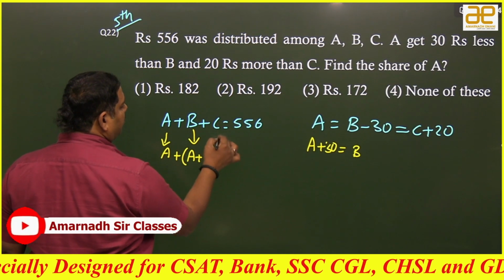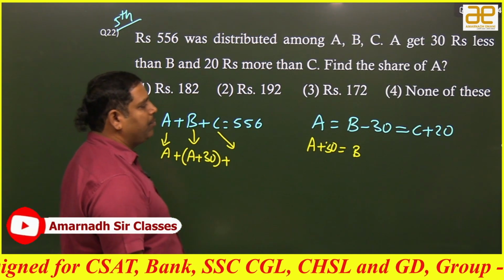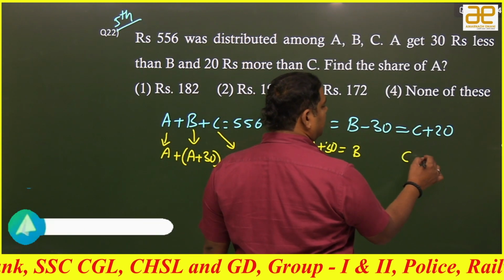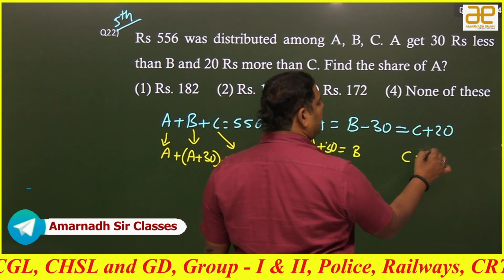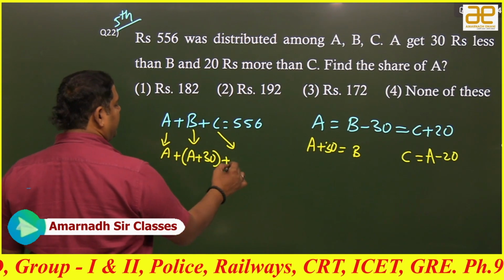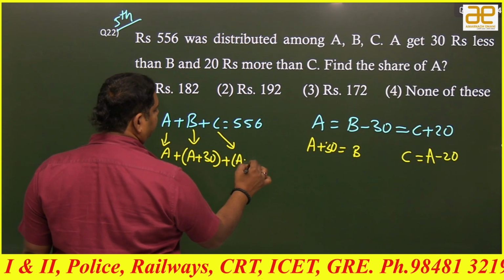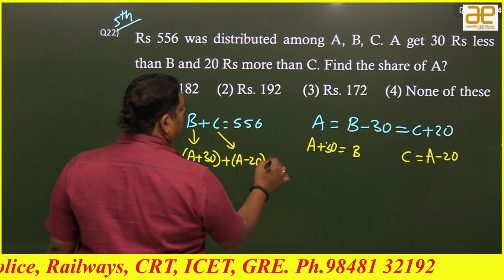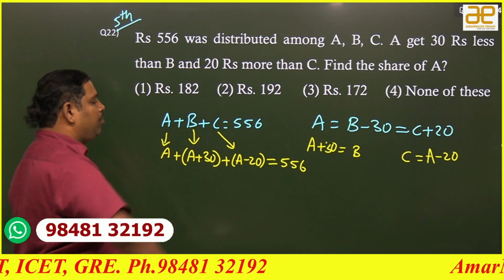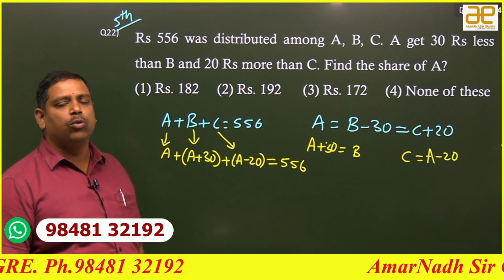Next, I want to convert C into A too. C plus 20 is A, so C is, moving the 20 this side, A minus 20. So instead of C, I am writing A minus 20. This is equal to how much? 556. There ends the game. If you can write this step, the game is over, right?